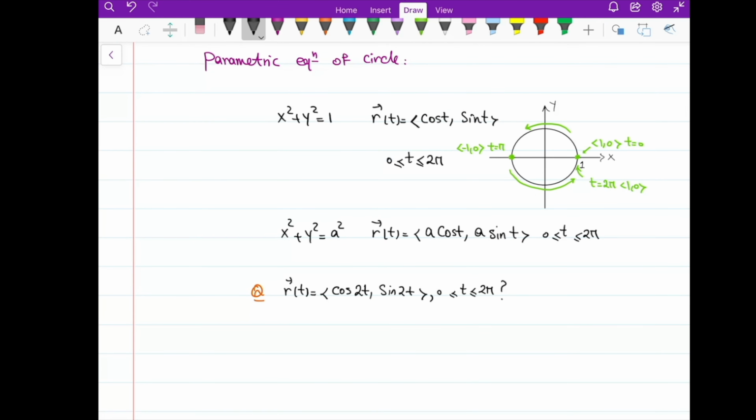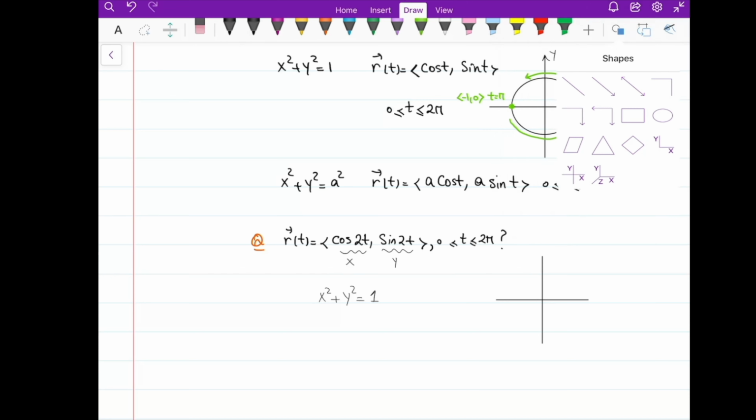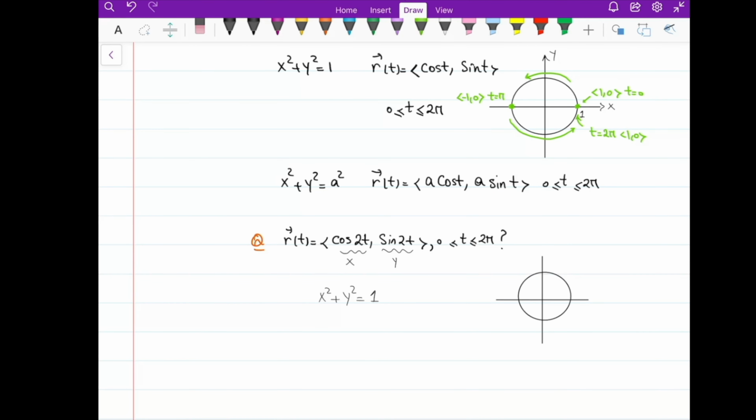As you see, I can still say this is the x component and this is the y component, and I know that cosine squared of any angle plus sine squared of the same angle, 2t for example, is equal to 1. So I still get the circle. Let me graph it. I still get this circle of radius 1. This is the x-axis, this is the y-axis. But let's look at the range in here.